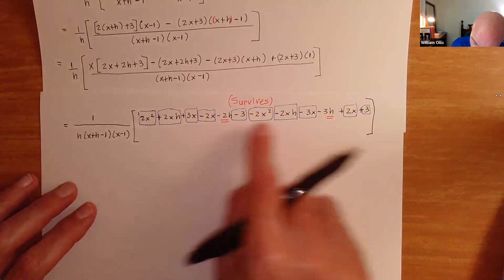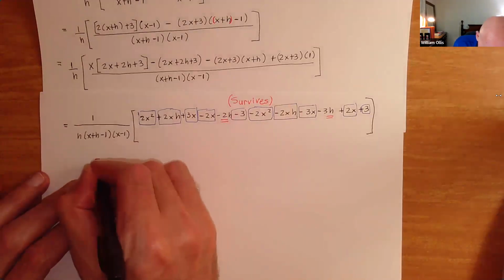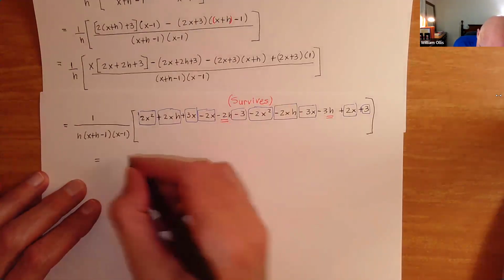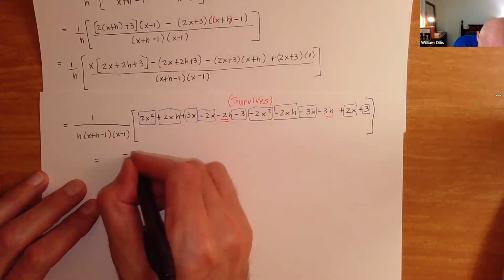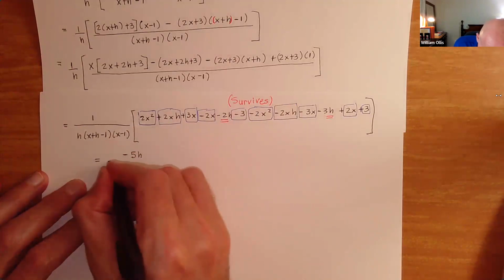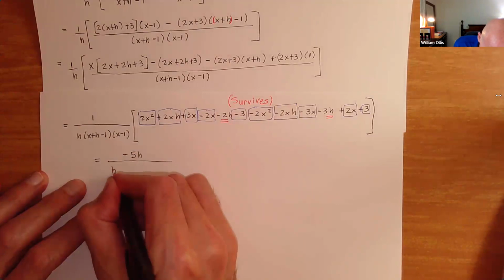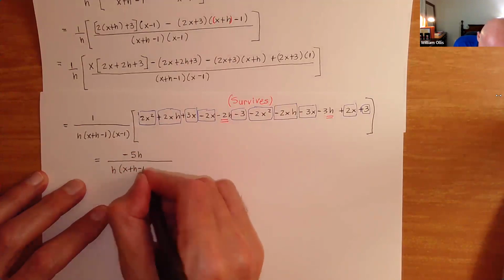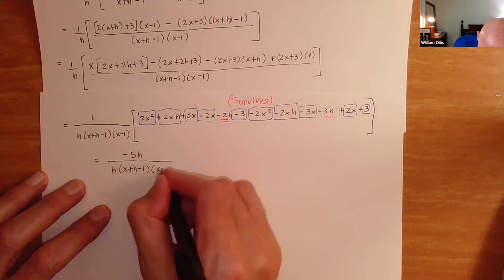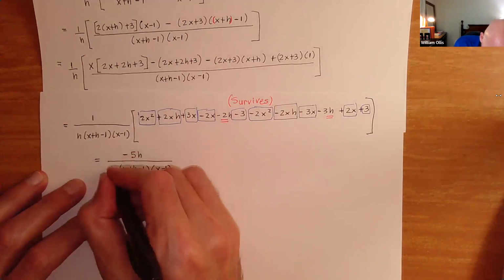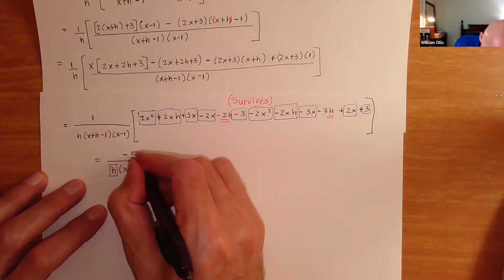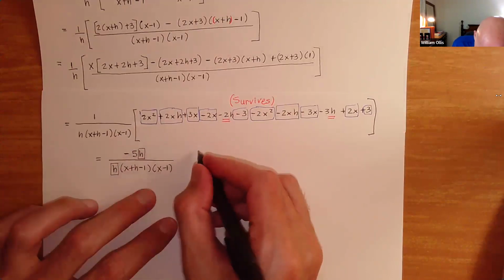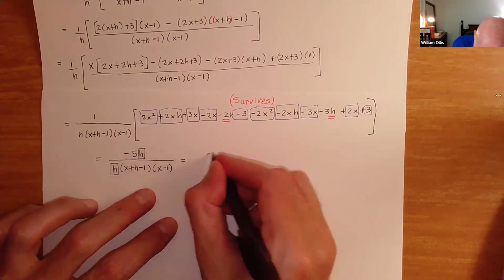So now notice everything goes away except the important stuff. So that's a negative 5h. And so we have the h, x plus h minus 1, x minus 1. So the h's absorb right there. And this gives us a negative 5.